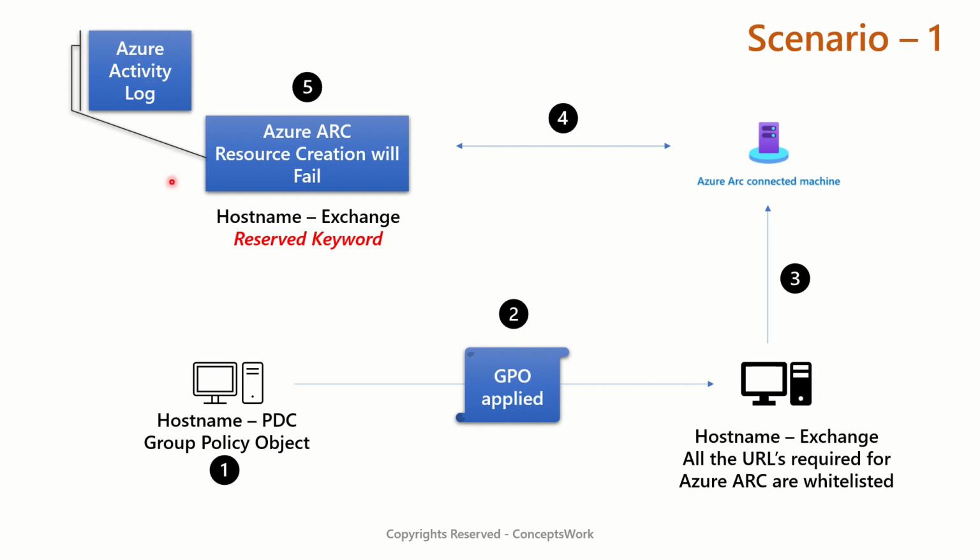And in the activity log, we'll get this message that the machine you're trying to onboard contains a reserved keyword. The same information can also be checked on the machines by reviewing the logs. Okay, so in the first scenario, the host name is Exchange, the Arc connected machine installation will complete, but the machine will not get registered in Azure.